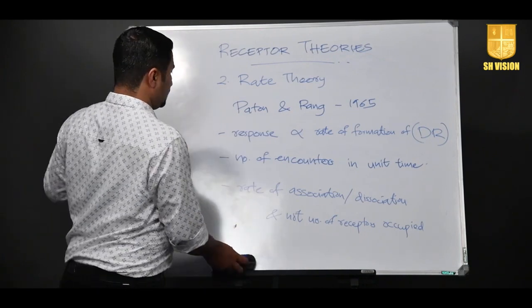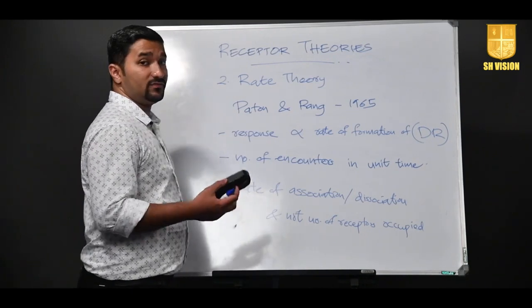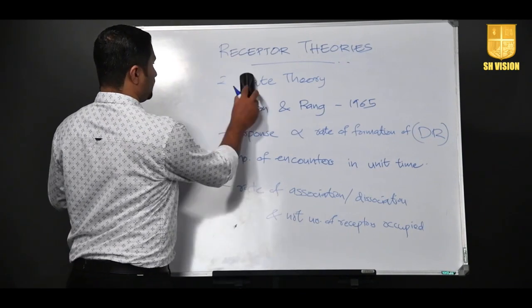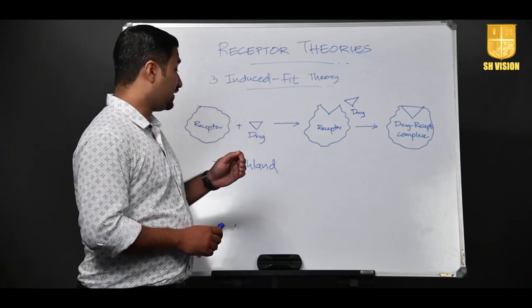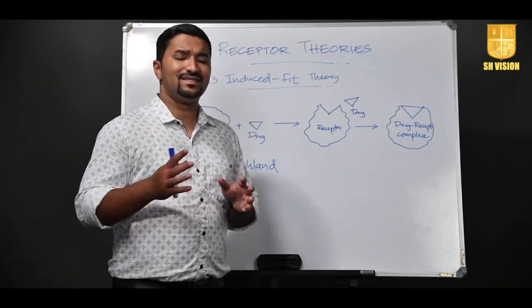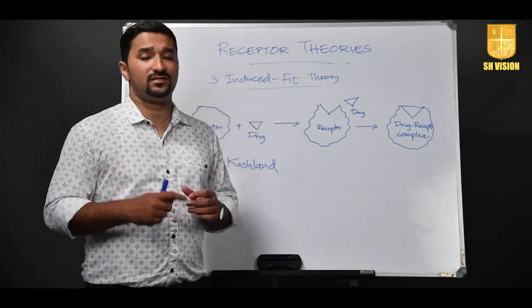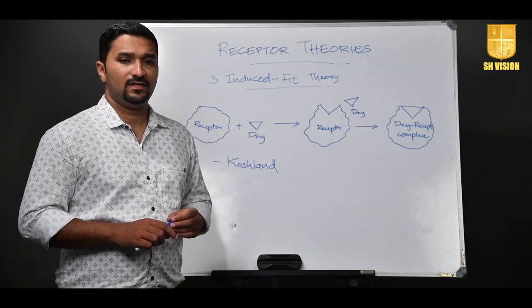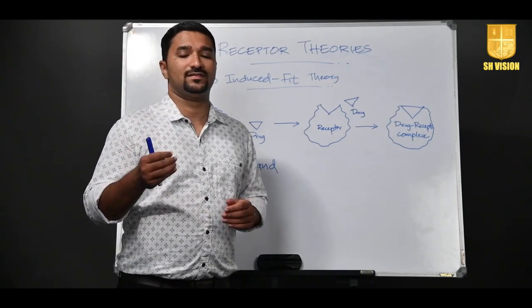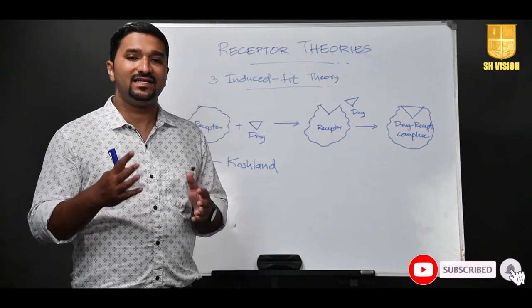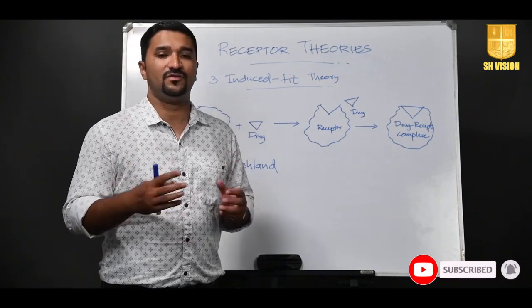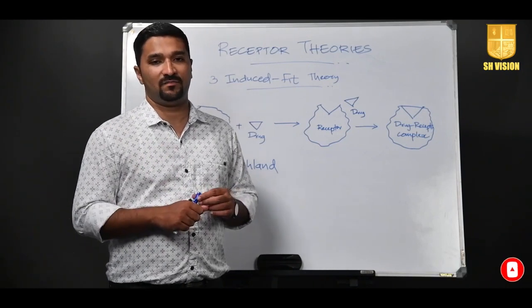Now the next theory that we are discussing is called the induced fit theory. The induced fit theory was proposed by Koshland, and this theory is related with the conformation of receptors. When a drug approaches the target receptor, the receptor may not be in the right orientation, the right conformation to bind with the drug.